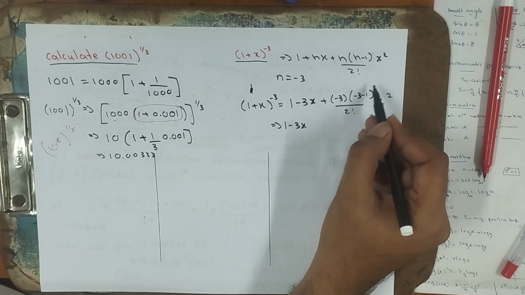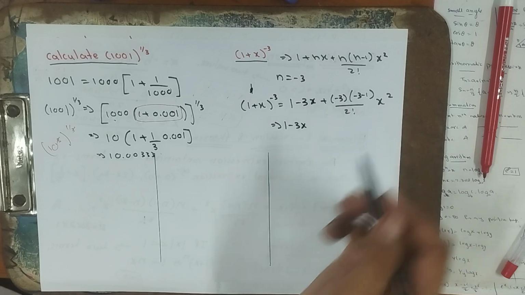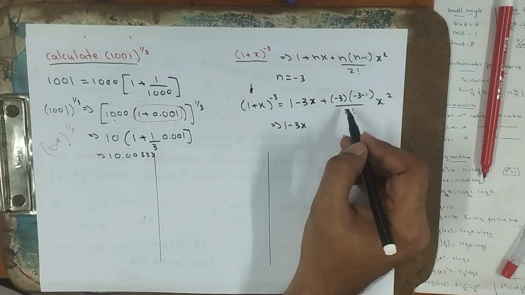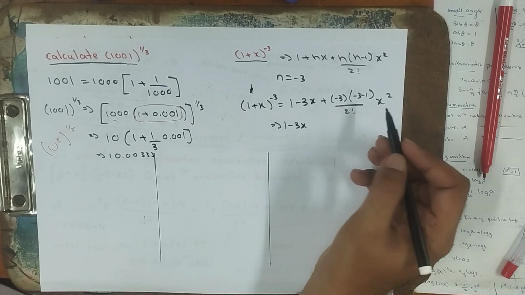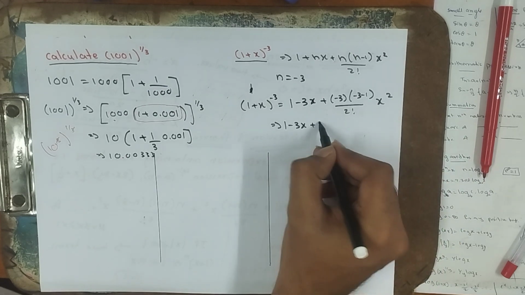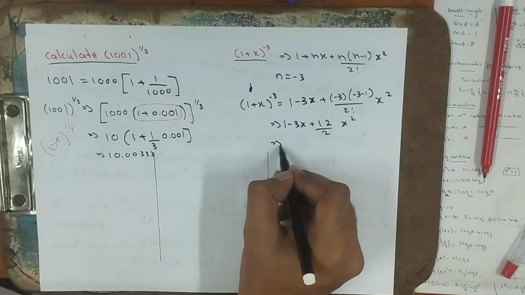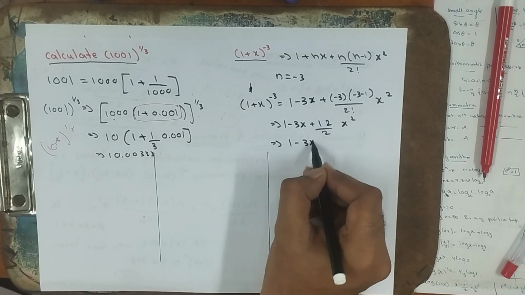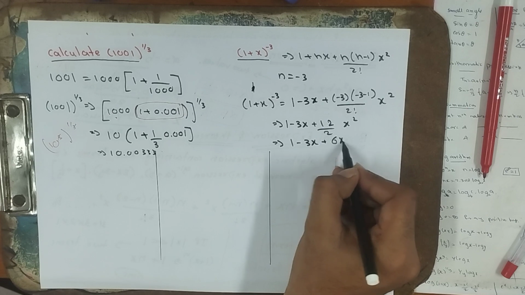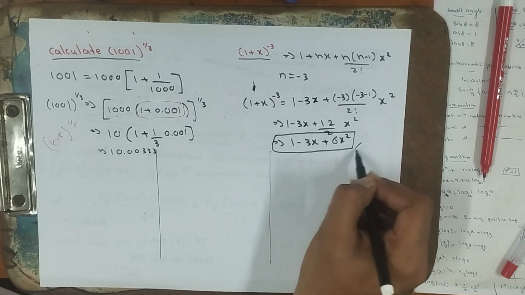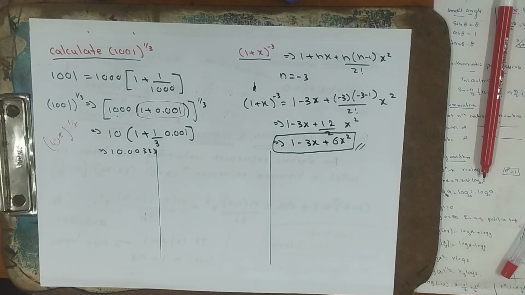Okay, minus 4 minus into minus, what happens? -4 minus 3, 4 3s are 12, 4 3s are 12 plus 12 divided by 2 x square. Now finally it becomes 1 minus 3x plus 6x square. See, this is how we use and solve this. Okay, fine. Super. That's it, binomial theorem.